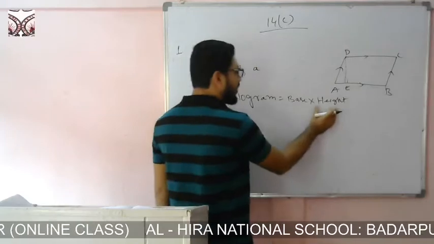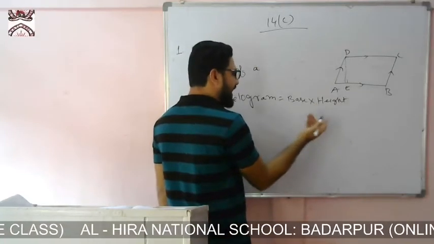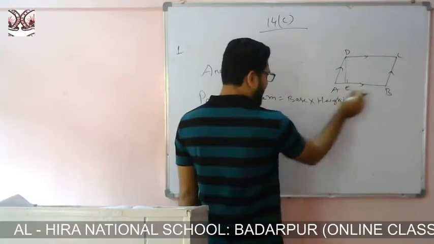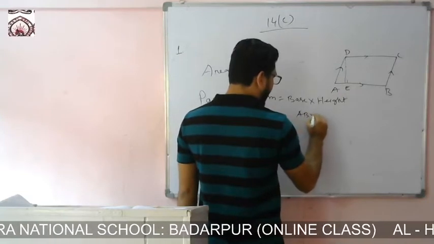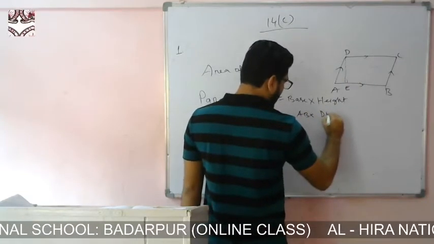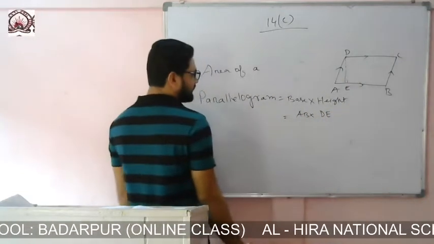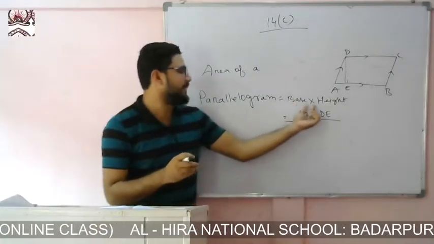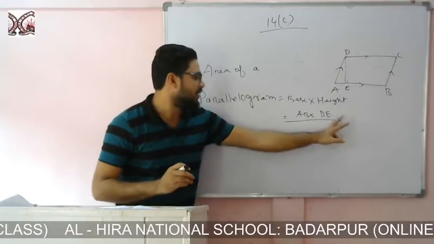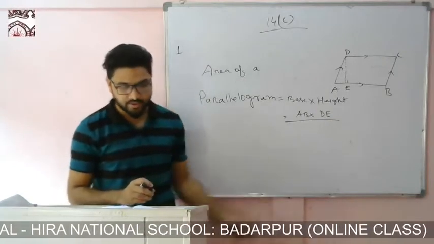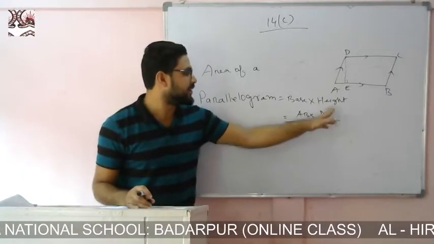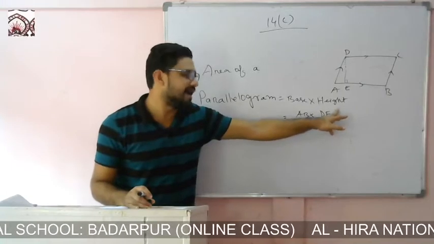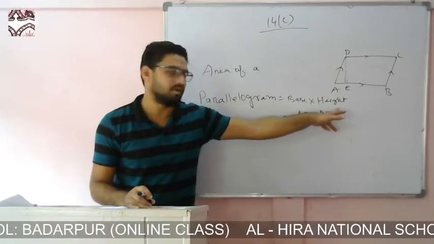Height or altitude, you can say also. Altitude and height both are the same. So base AB into height DE, anything you can say. That is the formula. To find the area of a parallelogram, base into height, or base into altitude. No problem.